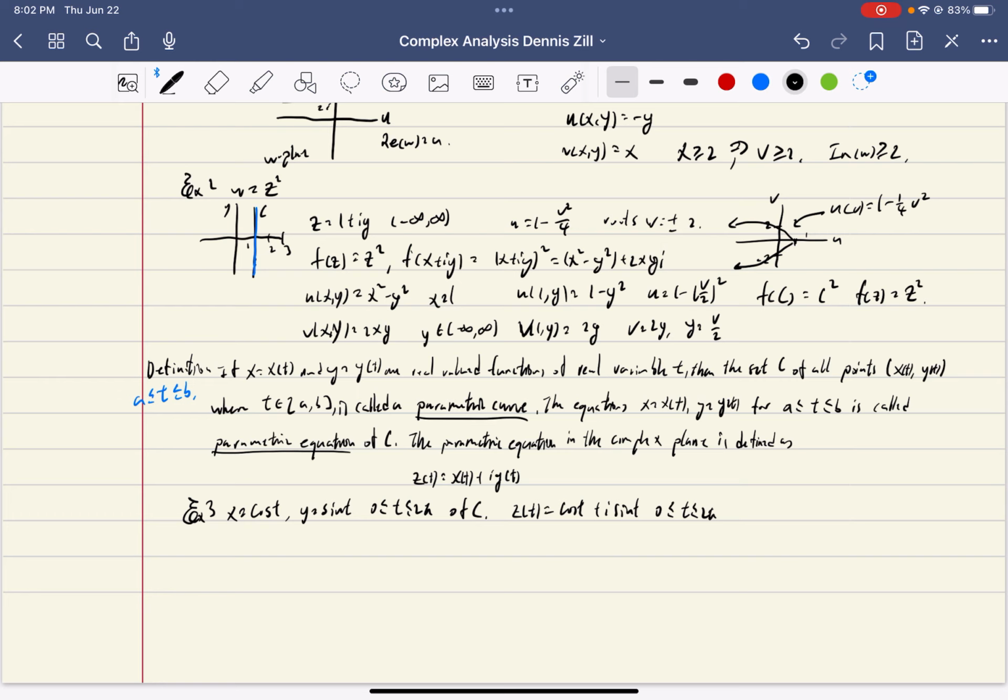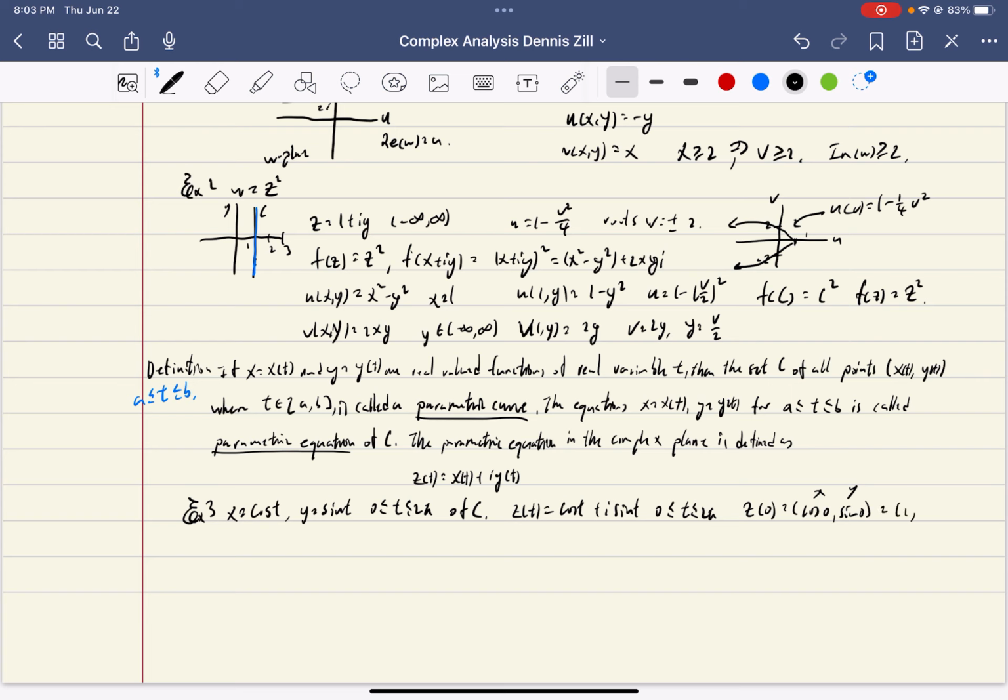If we say t is equal to 0, well, what is it? That is z of 0 equal to cosine of 0, sine of 0, so this is our x and y component, really. And that is equal to 1 and 0.